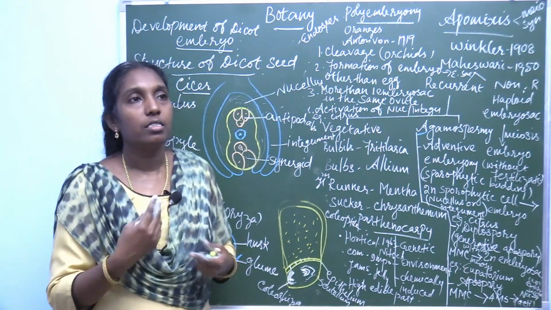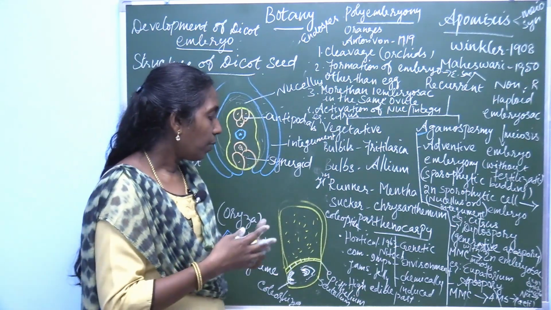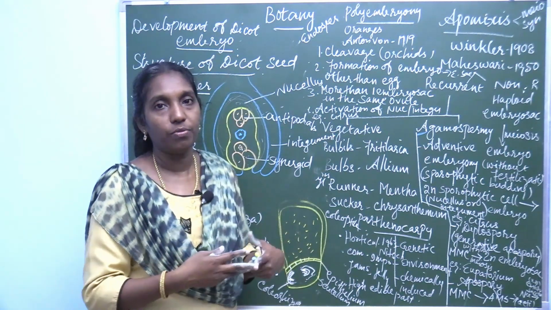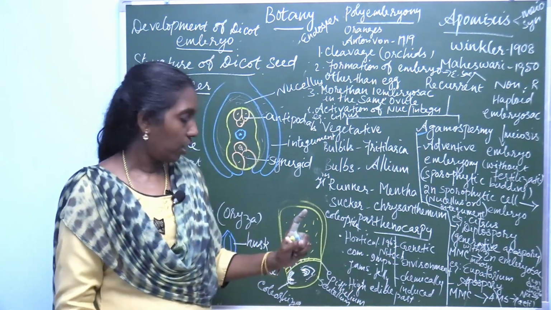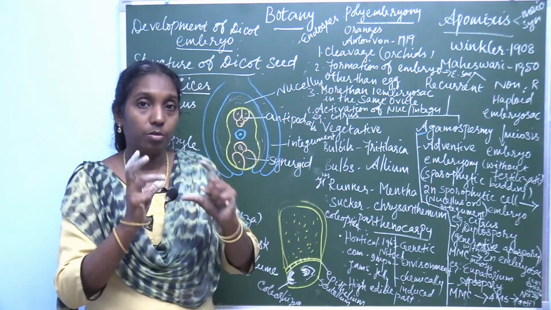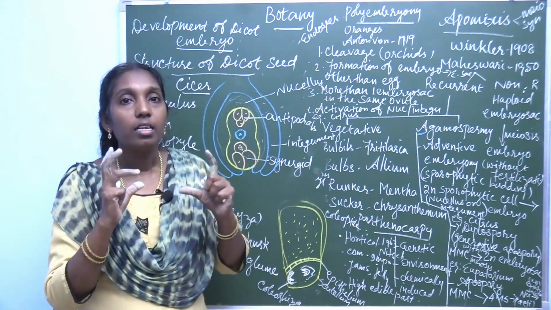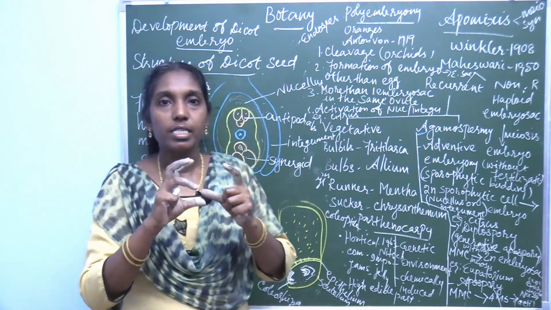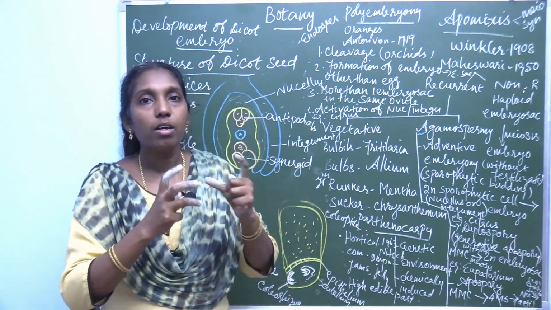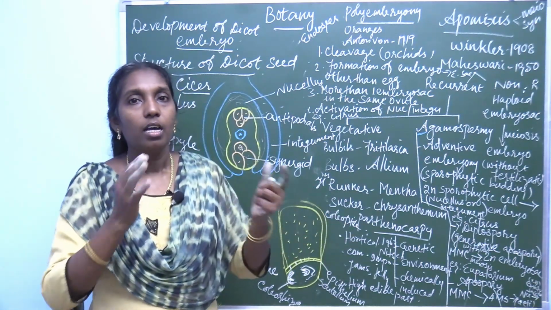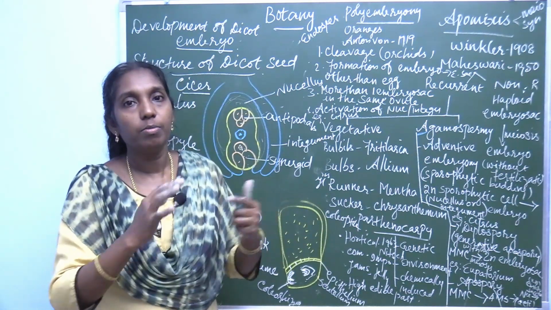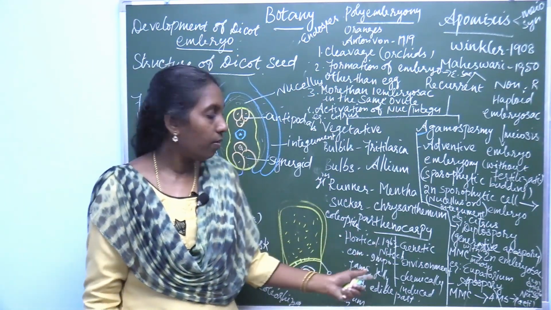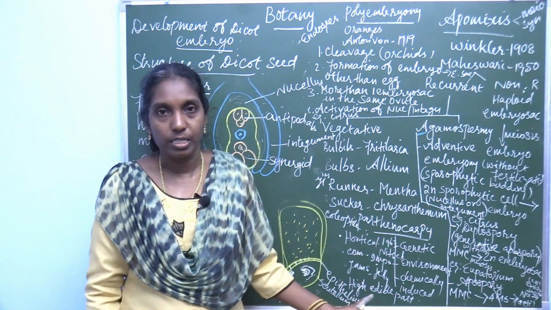When you prepare jams, jellies or drinks, seedless fruits are very useful, and they give a high content of edible part. If the seed is present, it covers some area of the fruit; if the seed is absent, that part is also covered by the edible part of the fruit. So, these are the significance of parthenocarpic fruits.